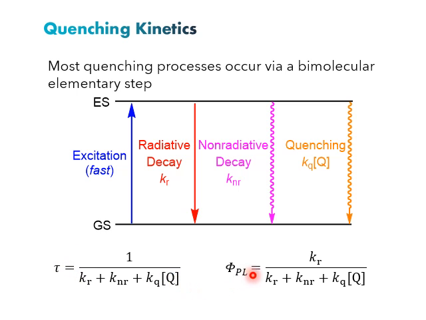And similarly, the quantum yield, which is Kr divided by Kr plus Knr, as we covered in the last 2 lectures, when you introduce a quenching process, that term goes in the denominator, and that likewise reduces the quantum yield, depending on how much quencher you have. So typically quenching processes will reduce both the lifetime and the quantum yield. We'll talk about exceptions to that in a little bit, but in general, this is what you'll see when you have a bimolecular quenching process.